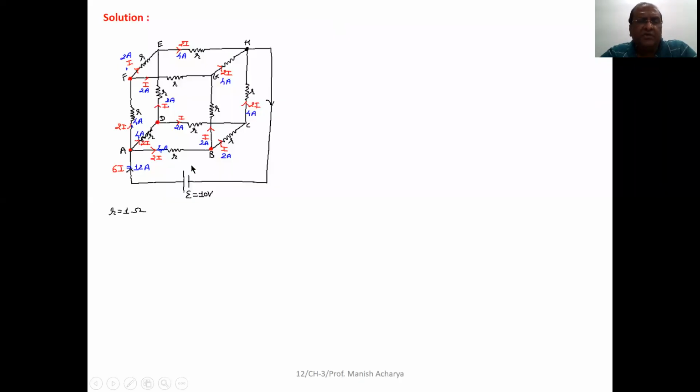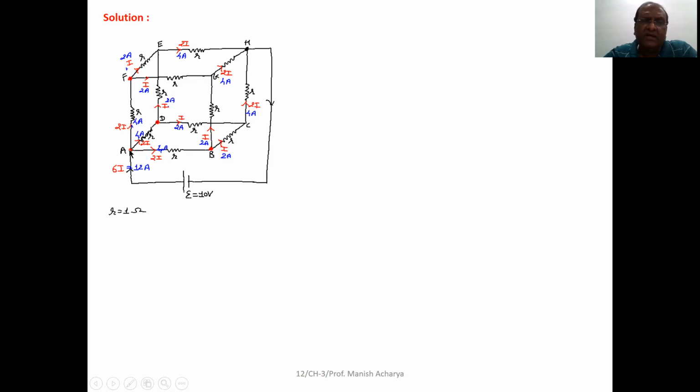Now the network is given to you as shown in the figure. The cube has a resistance connected in each edge, that is given to you. And now we want to find the equivalent resistance of this network between two diagonally opposite points.